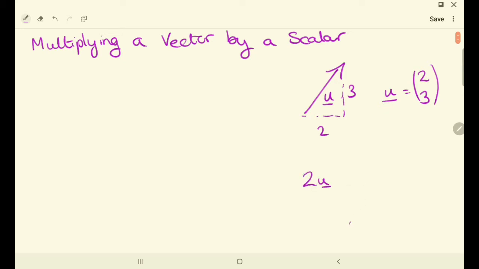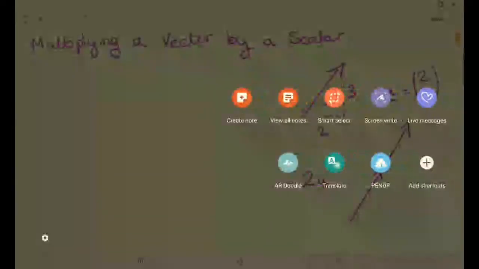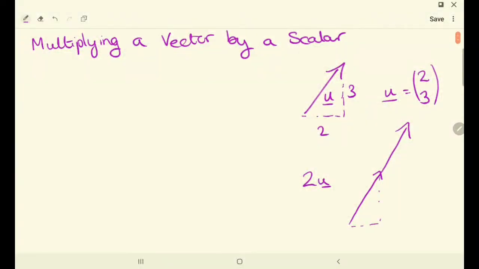So that means one lot of u and a second lot of u, and each of these will be along 2 and up 3. Along 2 and up 3. 2u, therefore, as a vector is going to be in total 4 along and 6 up.